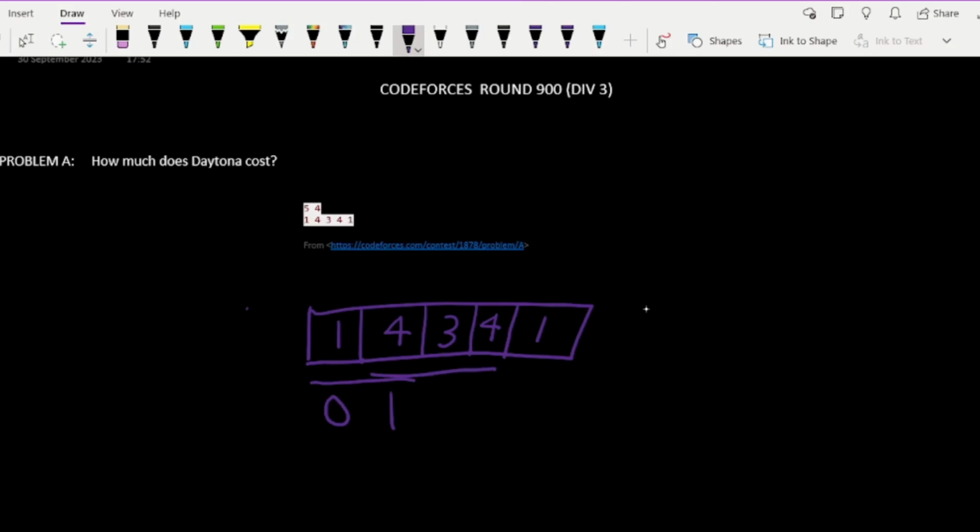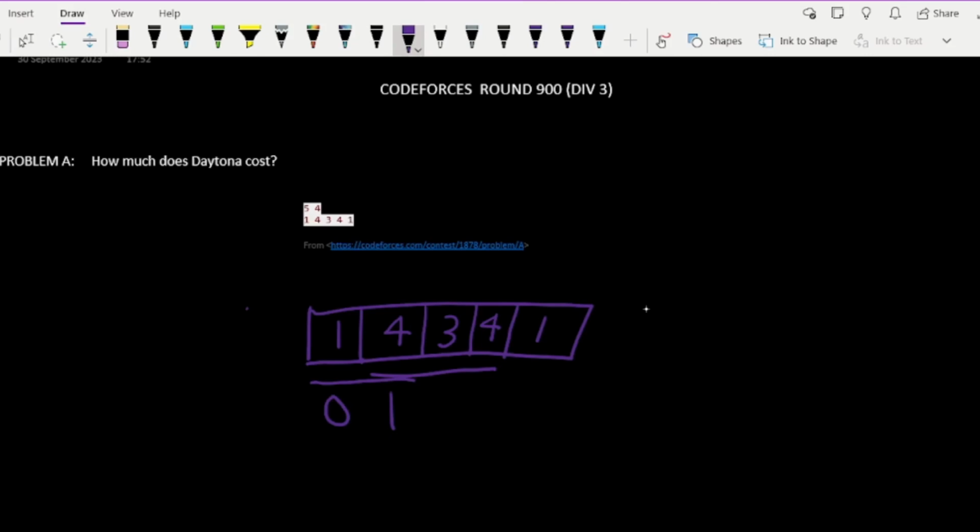Here the number of occurrences of 4 is 2, and the number of occurrences of any other element, which is only 3, is 1. So yes, it is possible to find a subarray such that the number of occurrences of k, which is 4 in this case, is more than the number of occurrences of any other element in the array.